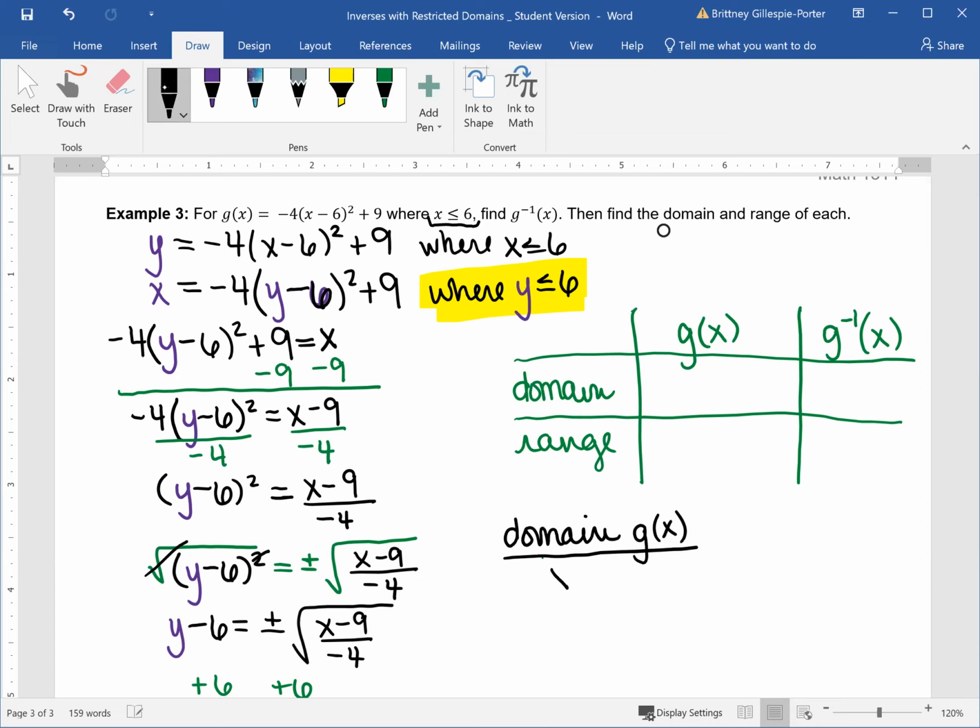At the very beginning, it said x less than or equal to 6. So if we were doing our number line, 6 would be the one in the middle. We would have a bracket because of that equal to sign underneath, and we'd be shading to the left for less than. So we have negative infinity with a parenthesis on up to 6 with a bracket. Because we found the domain of the original, we found the range of the inverse.